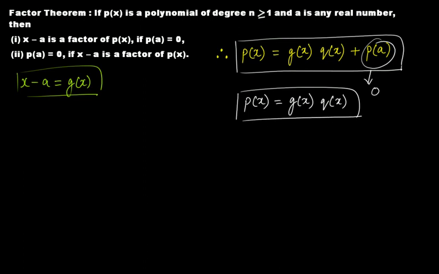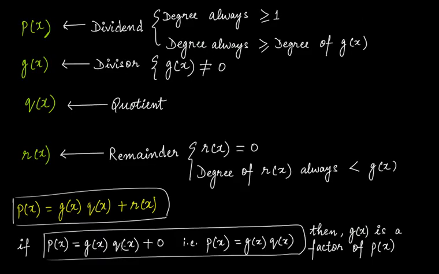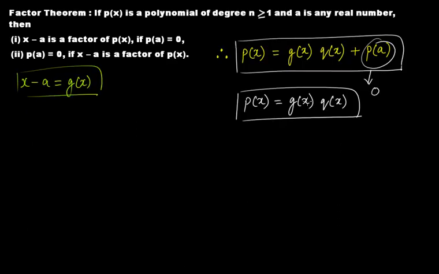Now remember what we discussed here. If your remainder is 0, it means that gx is a factor of px. That is, when you divide px by gx and your remainder is coming 0, it means that gx is a factor of px. That's why you are getting remainder 0. So what's gx? Gx is actually x minus a. So this is the proof of the first one.